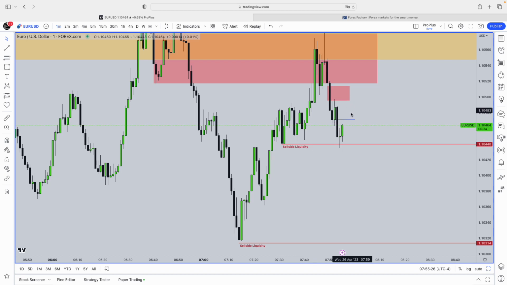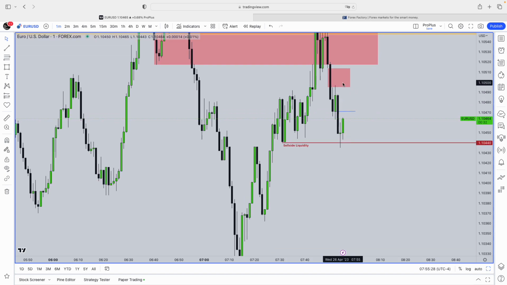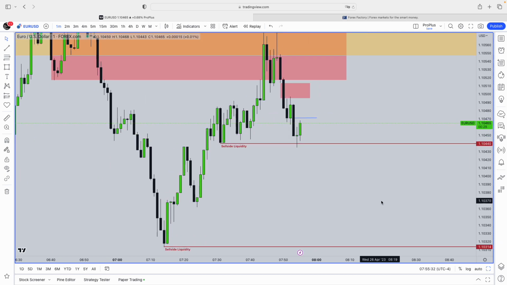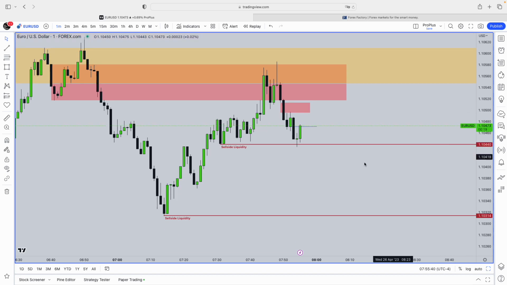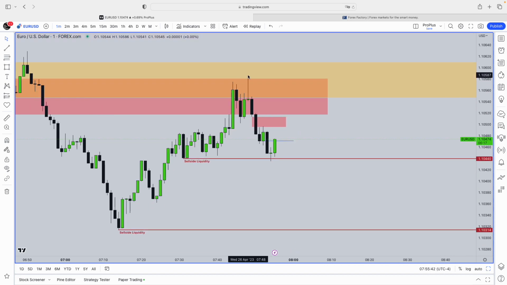Go to a PD array, which is this bearish order block. Let's just be patient. It could also want to push back into an equilibrium. So from here to here, could be around about here where the premium, equilibrium is. So yeah, let's just be patient.